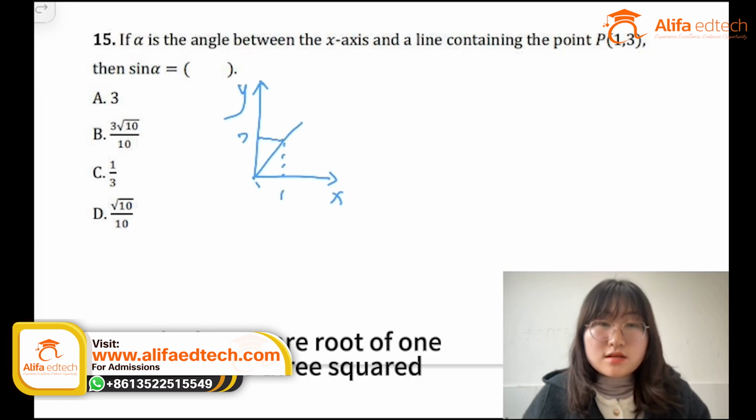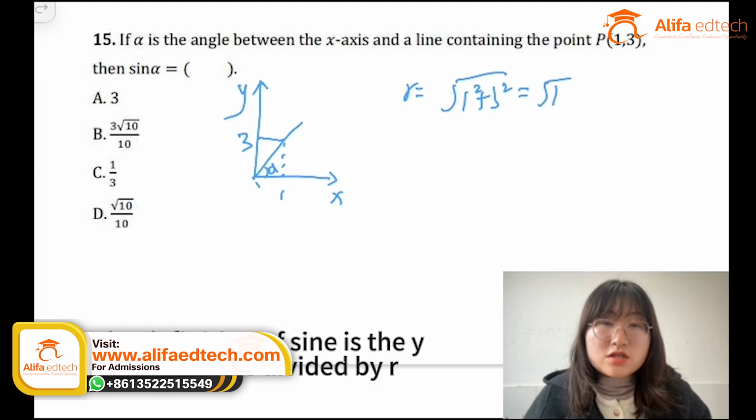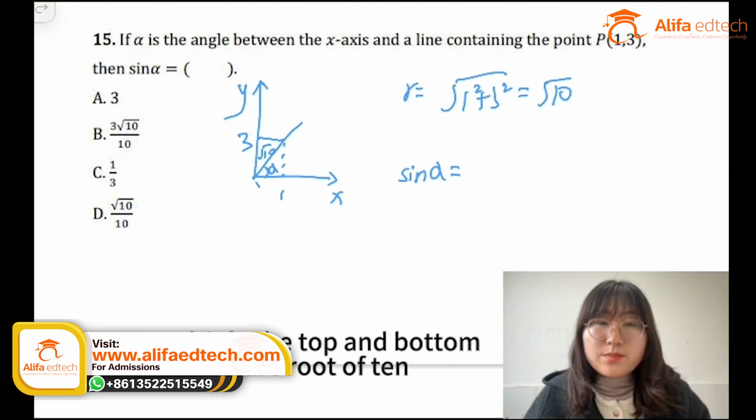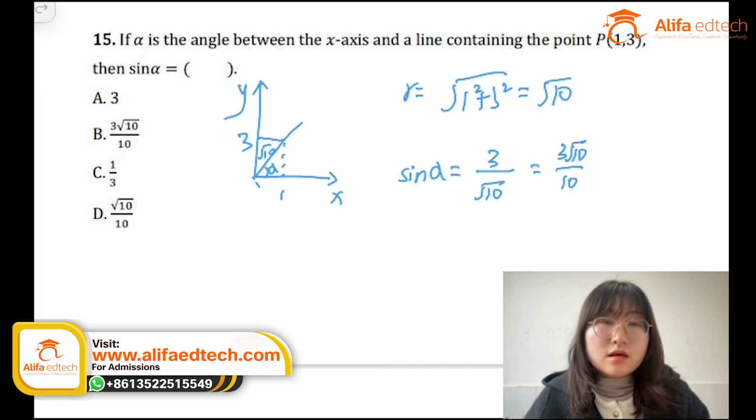It equals the square root of 1 squared plus 3 squared, which gives us the square root of 10. The definition of sine is the y-coordinate divided by r. We must multiply the top and bottom by the square root of 10, resulting in 3 times the square root of 10 over 10. The correct answer is B.